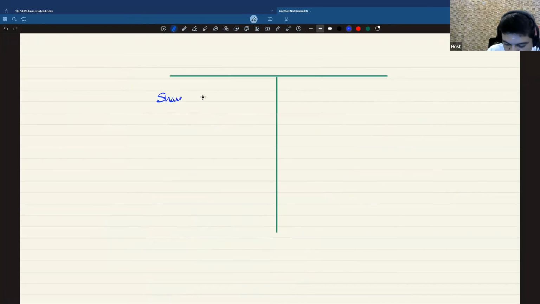They have share capital of, let's say, 100 crore. They have reserves and surplus of 150 crore. They have term loan of 250 crore.